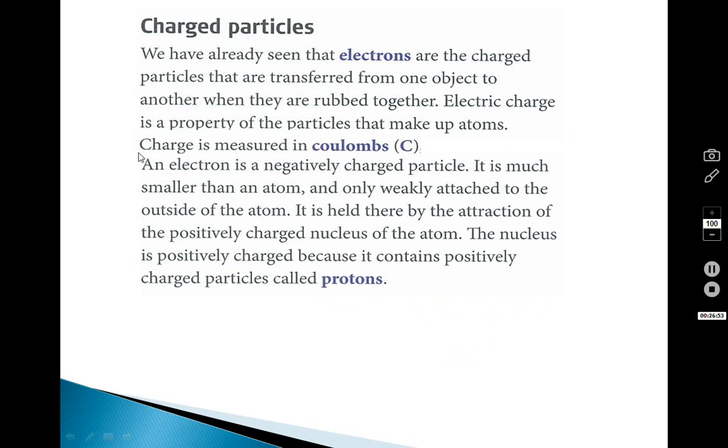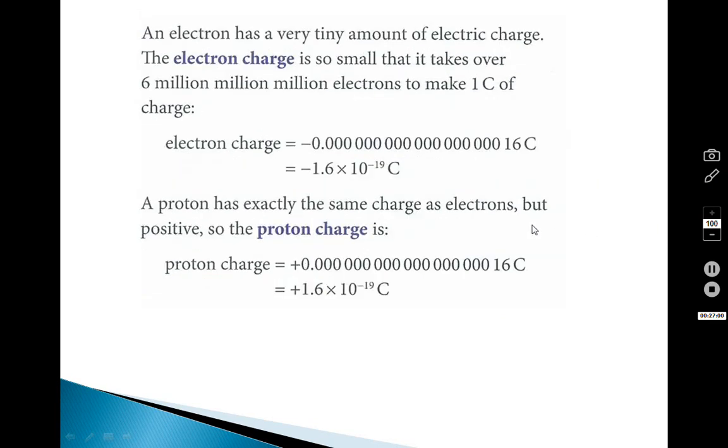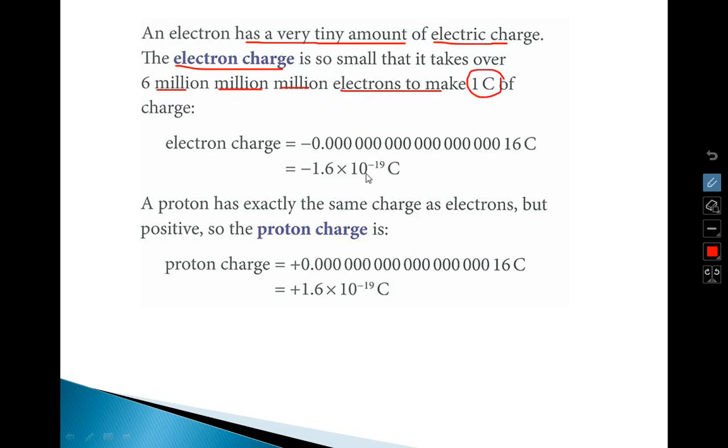And keep in mind, charge is measured by coulomb. Any electron has a very tiny amount of electric charge. The electron charge is so small that it takes over 6 million million million electrons, very, very small, to make just one coulomb of charge.